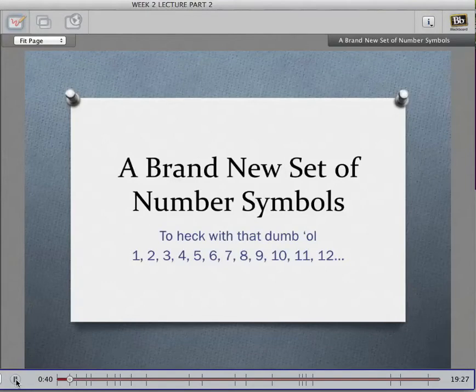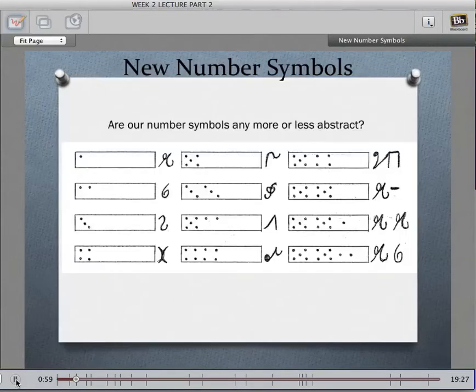To talk a little bit about this system, we're going to do an activity in class where we'll just get rid of the symbols that you're used to, the 1, the 2, the 3, etc., and we will replace them with some new symbols. So let's take a look at the symbols that you may see in class in the very near future.